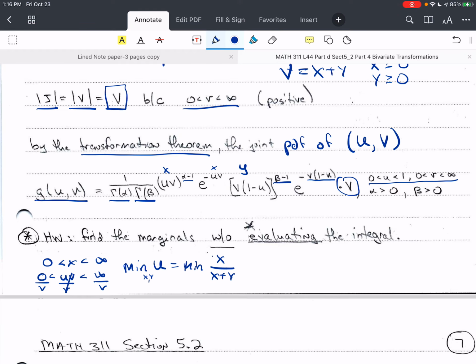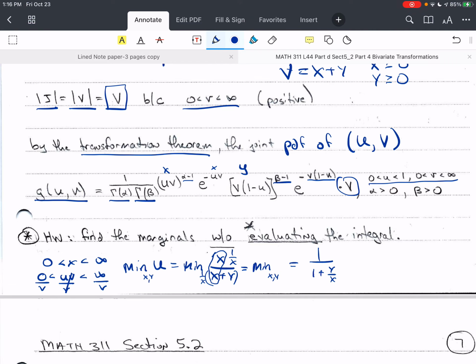Now remember, these are always the same, okay? So I can say, well, this is the minimum. This is going to be 1 over, so I'm going to multiply 1 over x top and bottom, and I end up with 1 over 1 plus y over x.